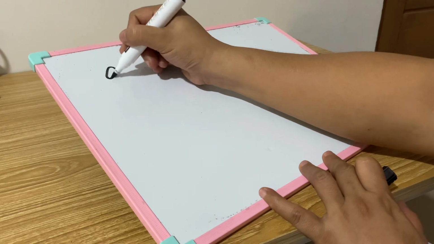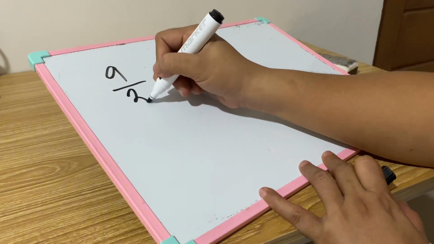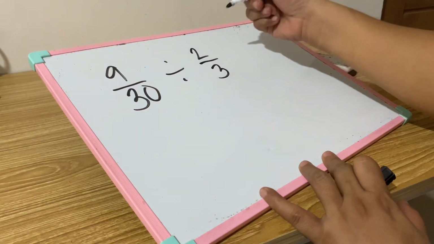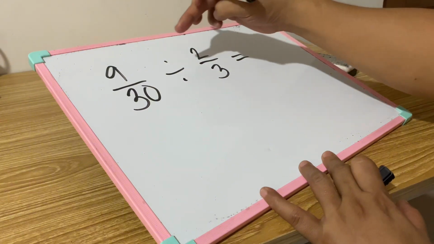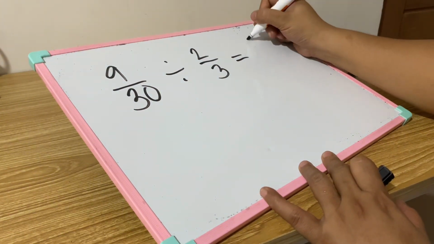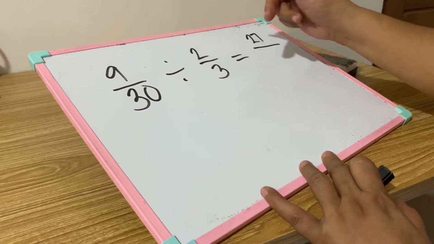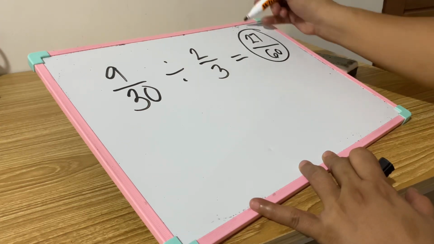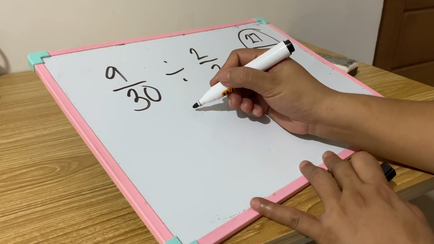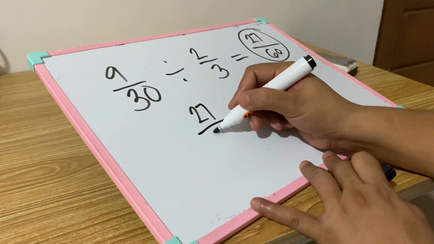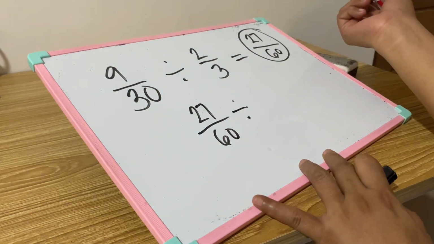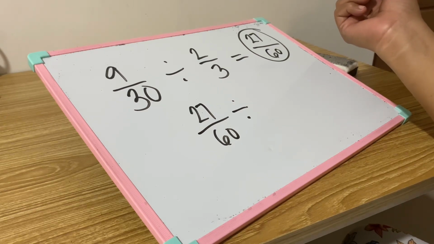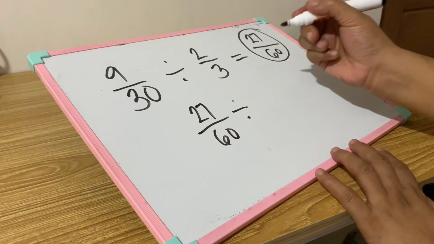Okay, let's just have another proper fraction. Let's say 9 over 30 divided by 2/3. Okay? So, cross multiply. 9 times 3 is 27. 2 times 30 is 60. Again, it's not the lowest term. 27 over 60, divided by its GCF. What's the GCF? The answer is 3.